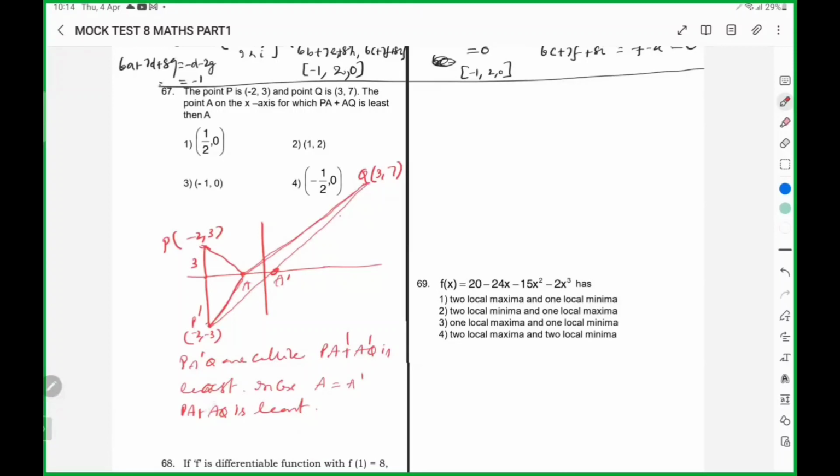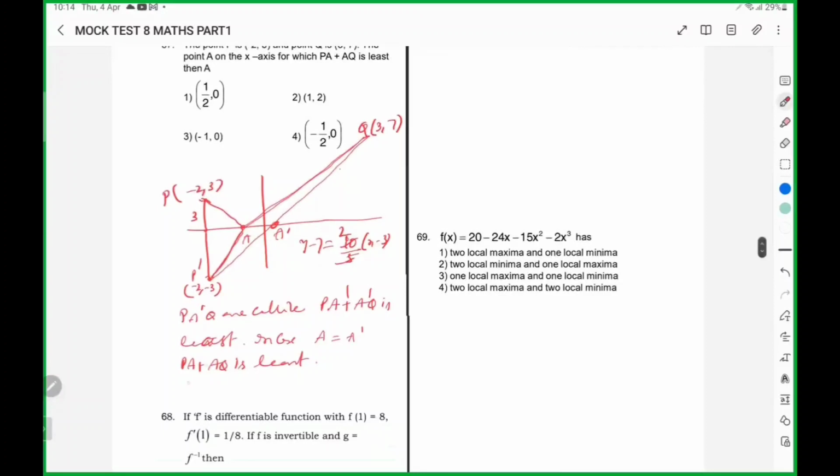So your line equation is y minus 7 equals 10 by 5 times x minus 3, that is y minus 7 is equal to 2x minus 6, or 2x minus y plus 1 is 0. For A dash, y is 0, so x is minus half. So the point is minus half comma 0.